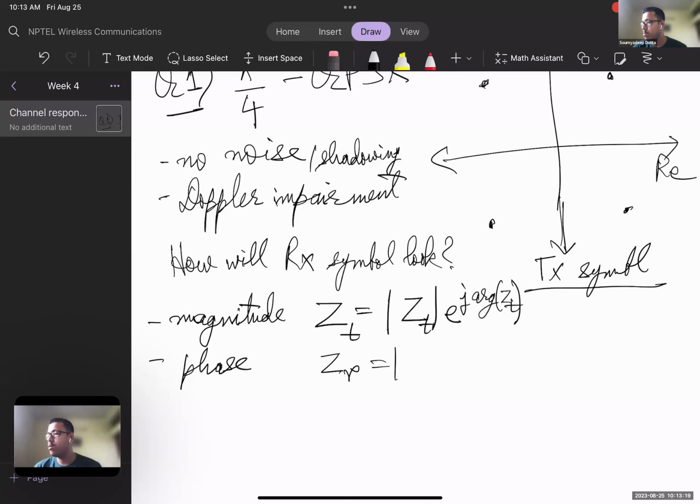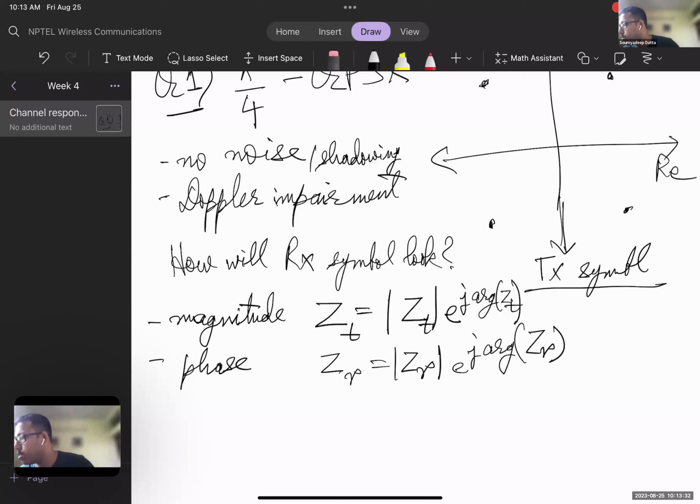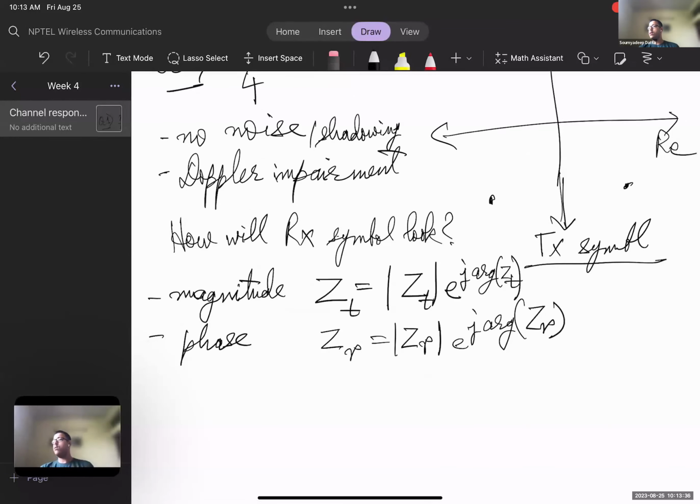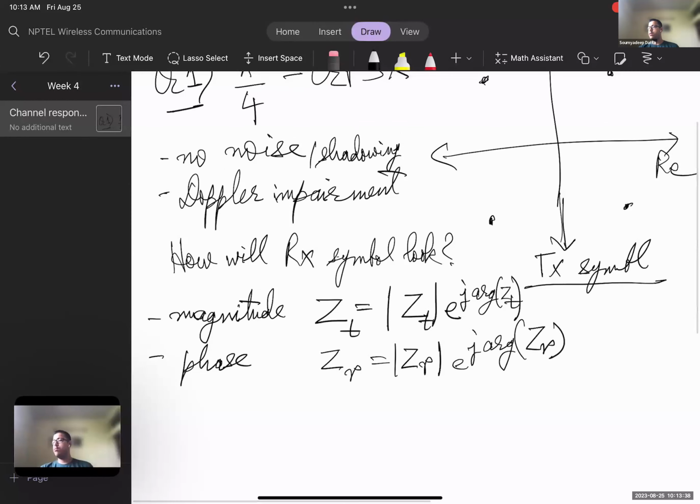This will also be some mod ZR e to the power j arg ZR. First, let's figure out the magnitude. Do we know the relation between mod ZR and mod ZT?